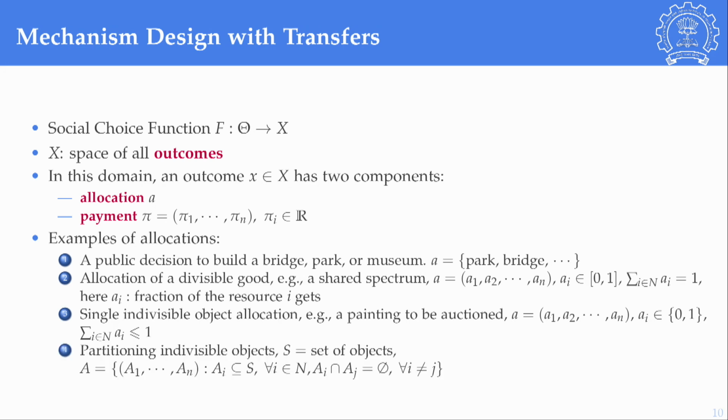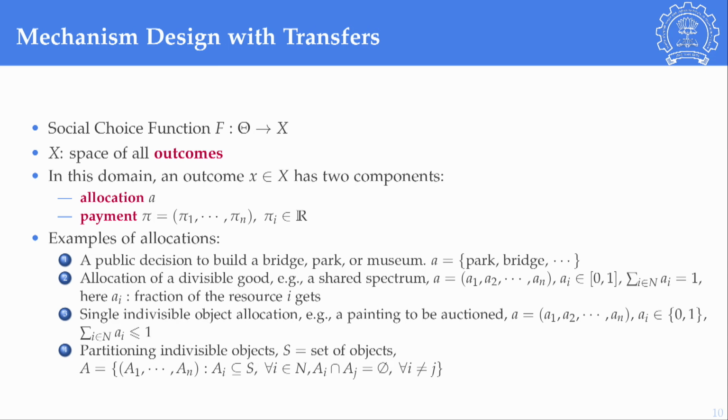Partitioning indivisible objects. This will also show up in some cases when we talk about combinatorial allocation. Think about a set of objects to be given: chairs, tables, indivisible objects, computers, etc. You can think of each of these as an allocation.